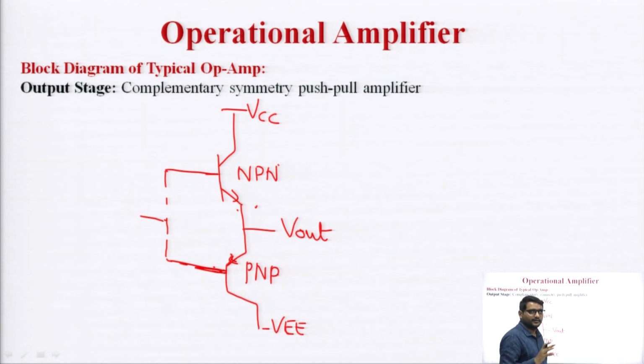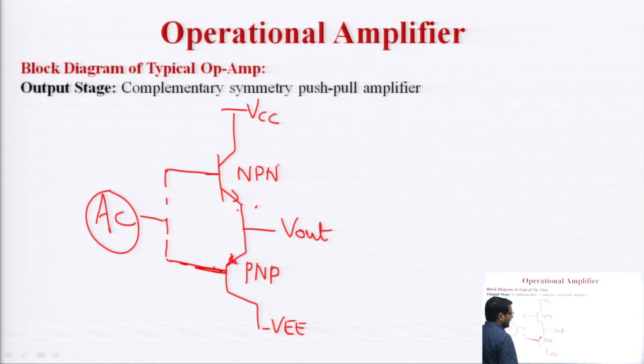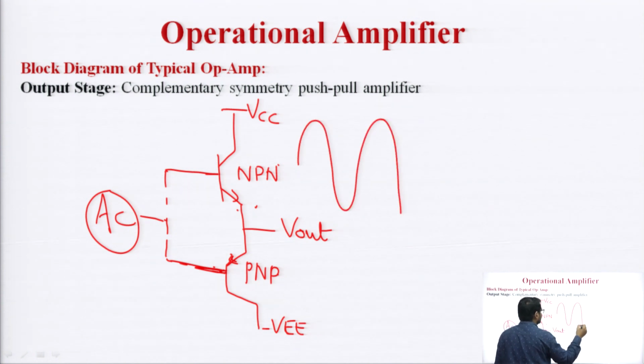The input of the push pull amplifier will be taken from the output of the level shifting, that is the AC signal. Okay. And this is a typical complementary class AB push pull amplifier, and the purpose of this power amplifier is to stretch the swing of the AC signal. This will be the swing.